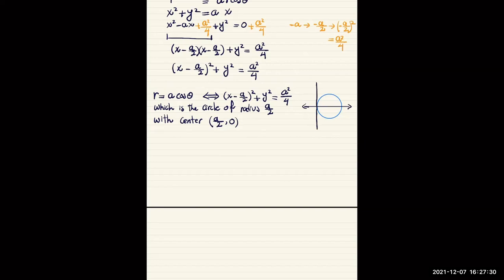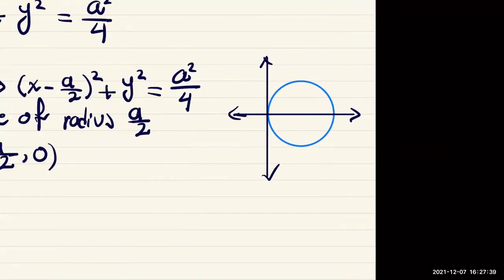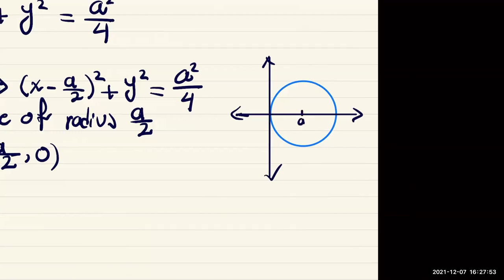This is the y-axis. Or you could say this is the polar axis. This is a over 2. That's the center, a over 2, 0. And since the radius is also a over 2, then let me just move that a little further out. This is a. From this point, you go a over 2 in all directions.